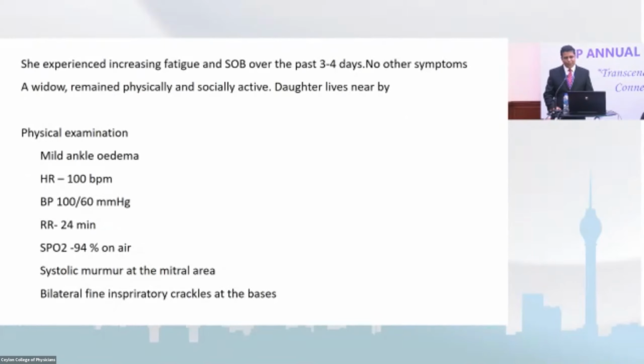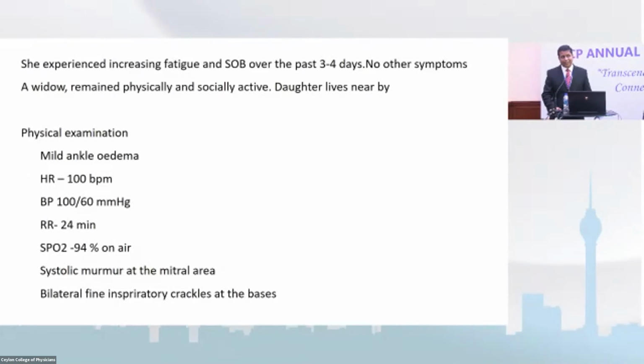No other symptoms. She didn't have chest pain, no palpitation, no dizziness, no vertigo, no focal neurological problems, nothing. She was okay, except for increasing fatigue and shortness of breath.